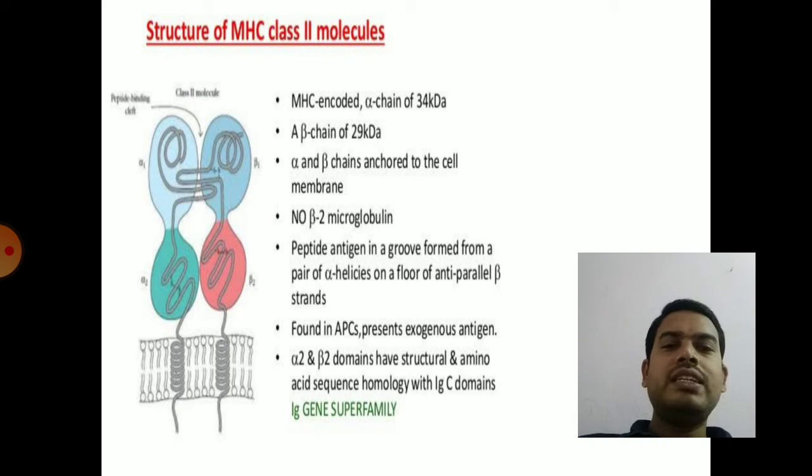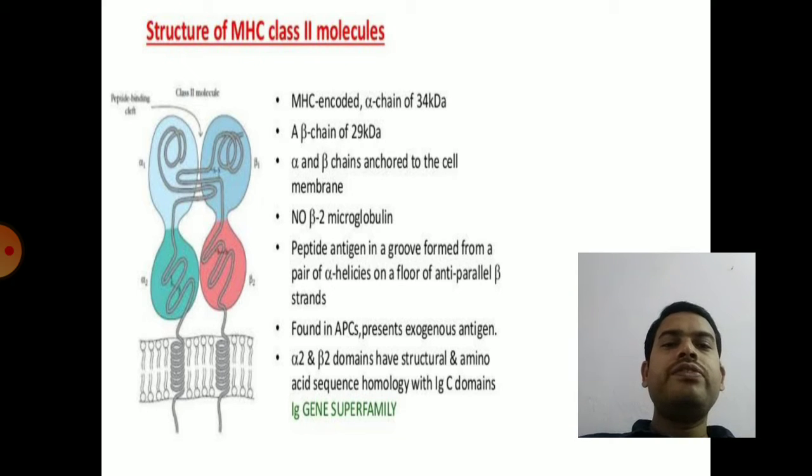Both alpha and beta chains are anchored to the membrane. A peptide presentation groove or peptide cleft is present between the alpha 1 and beta 1 domains. The peptide antigen groove is formed from a pair of helices on a floor of antiparallel beta strands. So you can clearly see alpha 1, beta 1, there will be the peptide binding site.